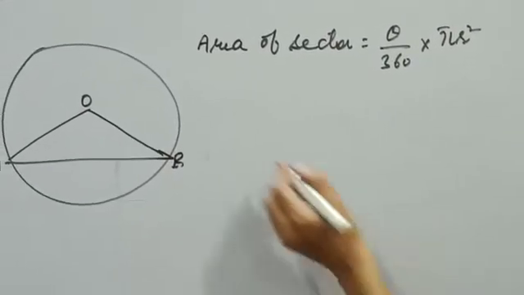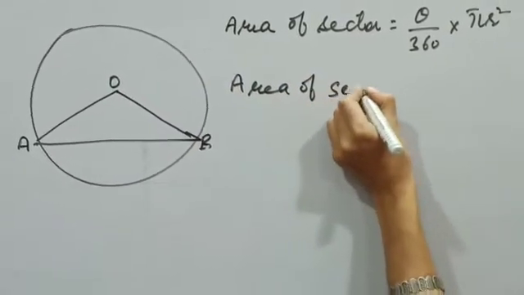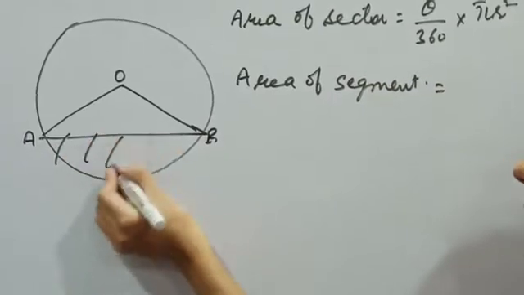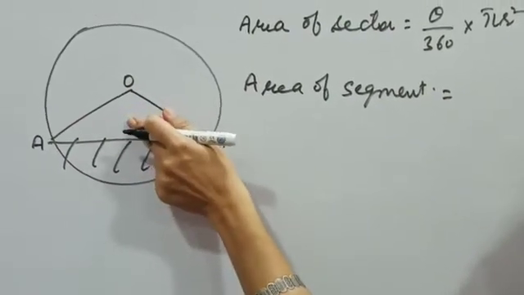Now we want to find the area of the segment. You can easily see that the area of the sector includes the area of the triangle also.